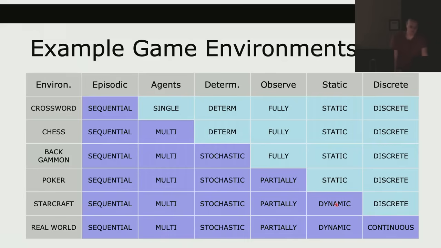Then let's move up to video games because they're dynamic now. So no longer can I take all the time in the world to make a decision about my poker hand. I've got to act right now. It's a real-time game. And so this is dynamic. And then if we change discrete into continuous, we're all the way into real-world problems where we've got to act as fast as possible, and it's actually a continuous action space.